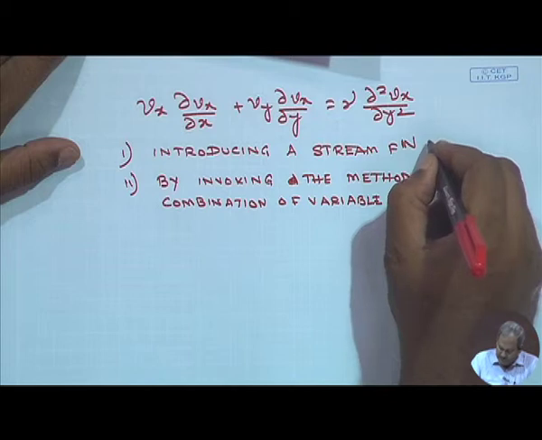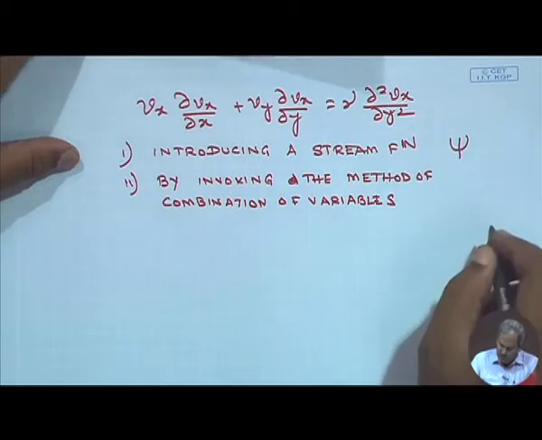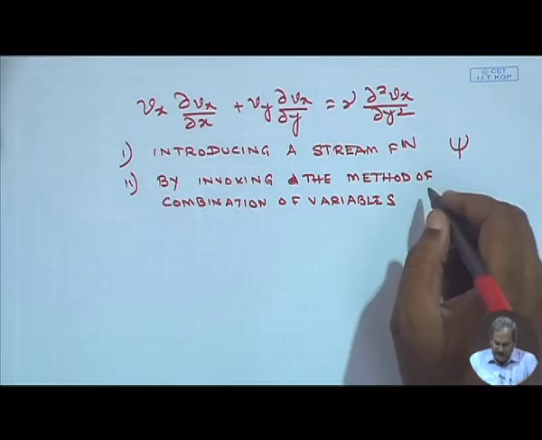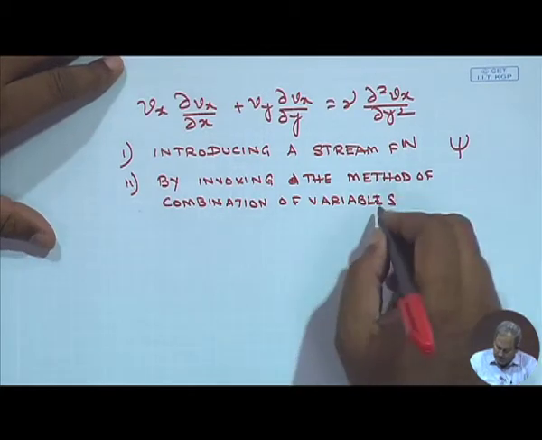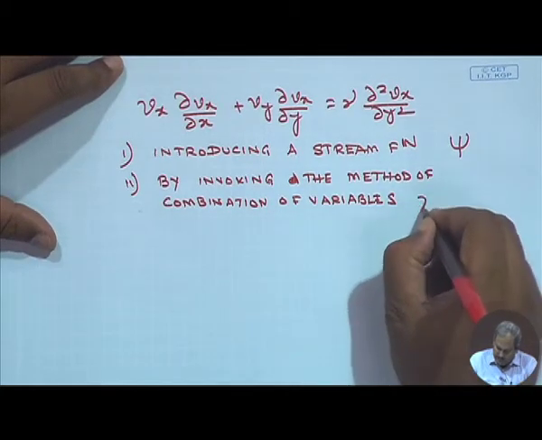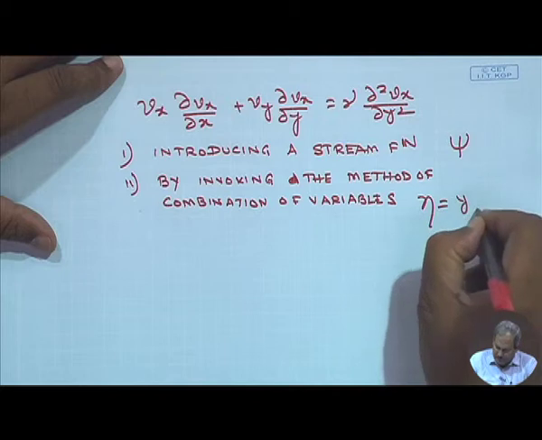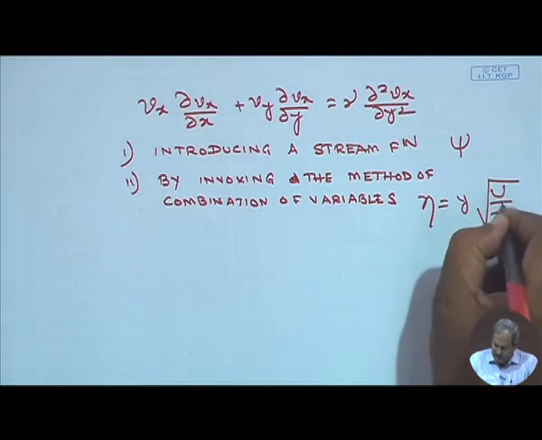The stream function that we have defined is psi, and the combination variable that we have defined is eta equals y root over u by nu x.